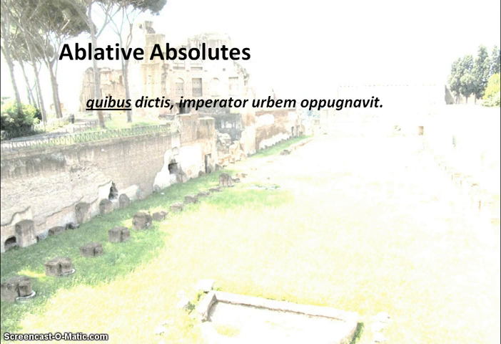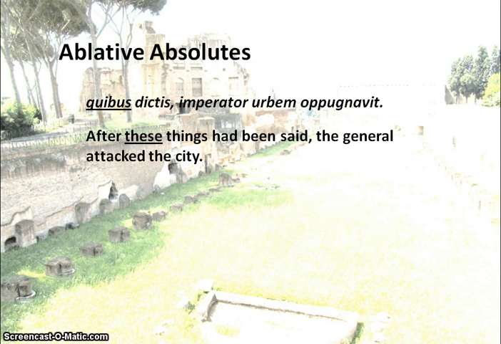So we want to translate it literally as, with which things having been said, the general attacked the city. So maybe after these things have been said, the general attacked the city. Note again, we've gone for after rather than with which things having been said. And we've translated quibus as these rather than which, because it makes more sense.